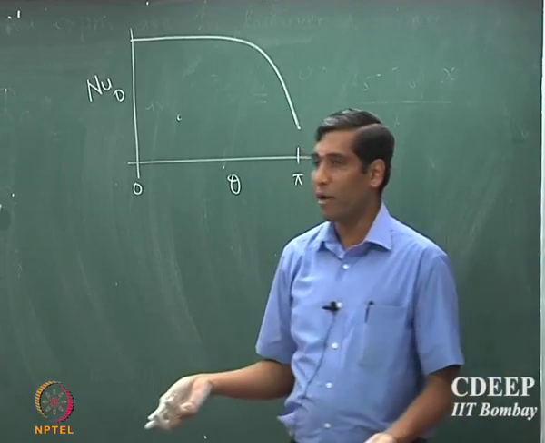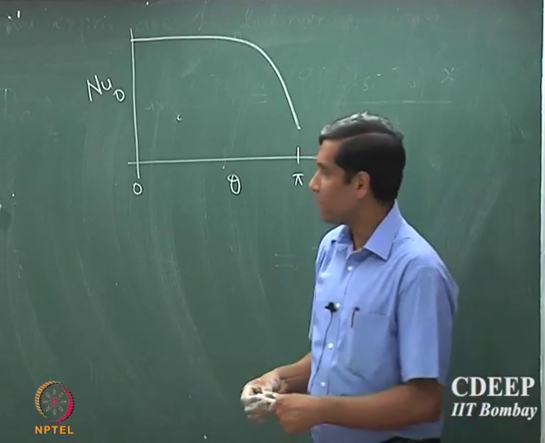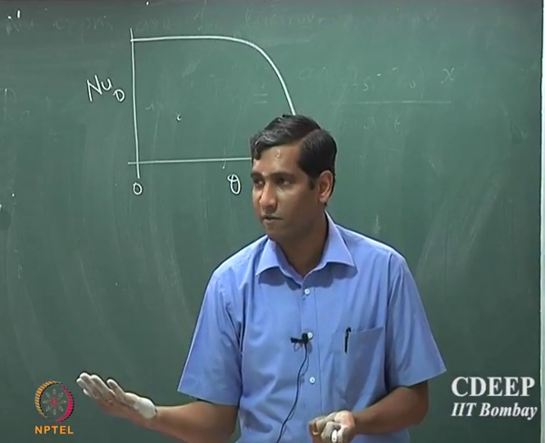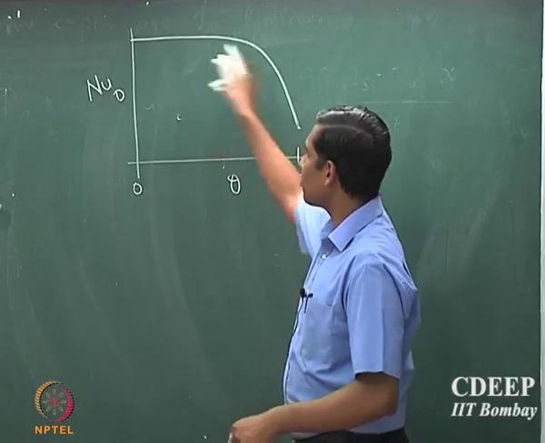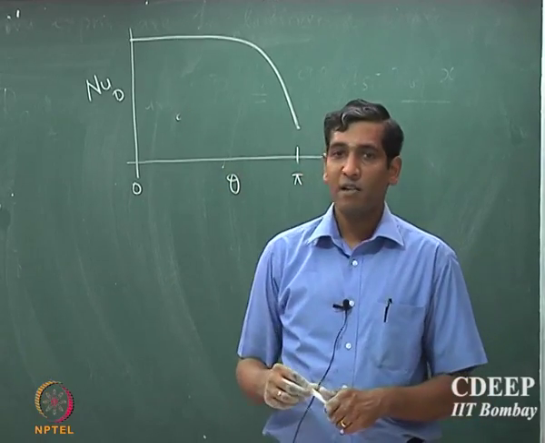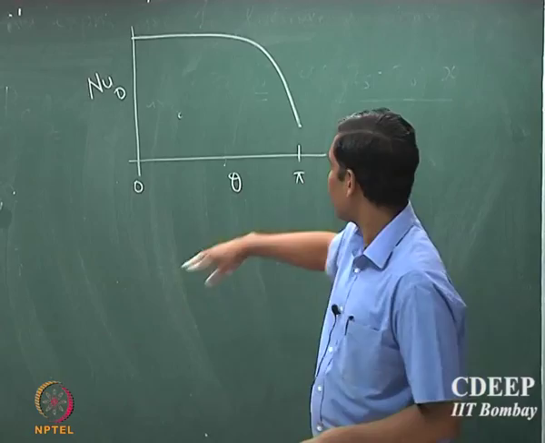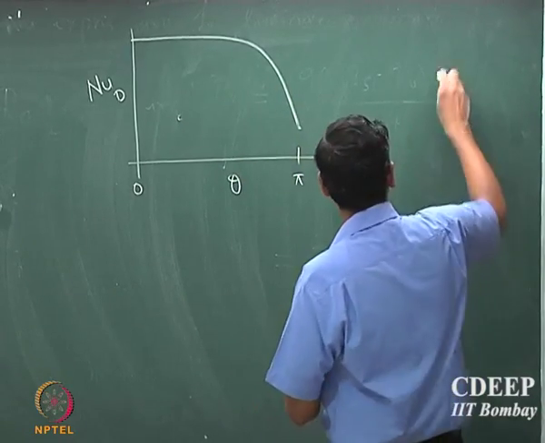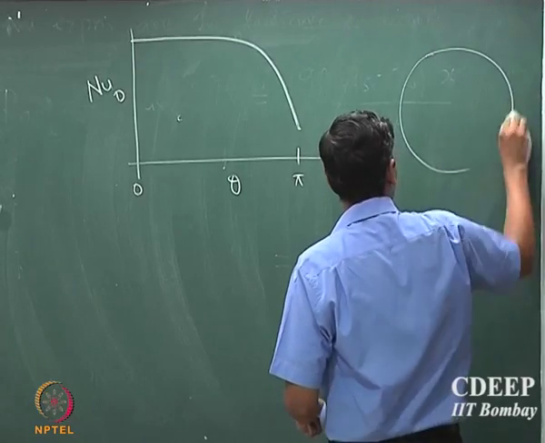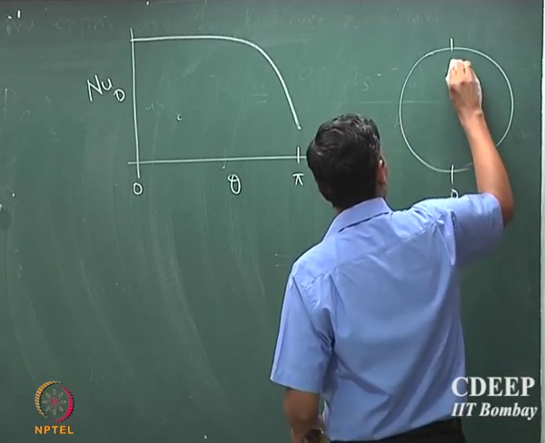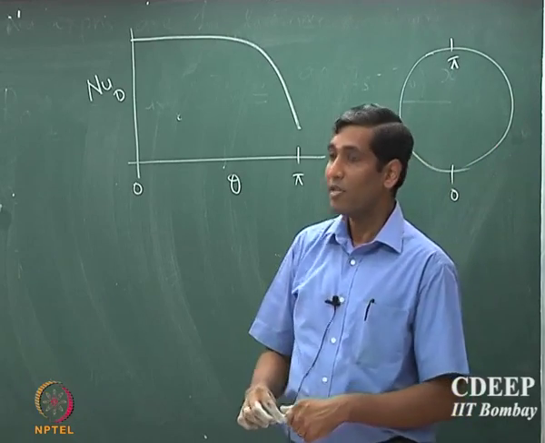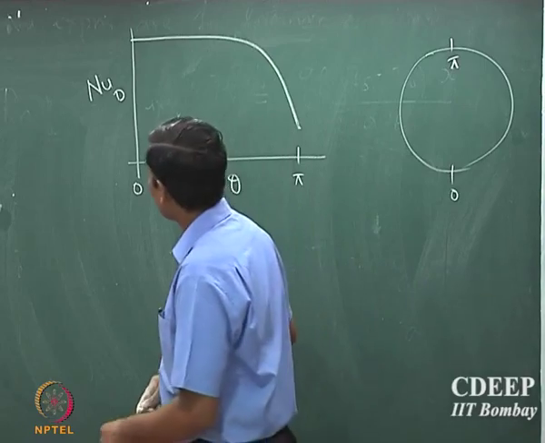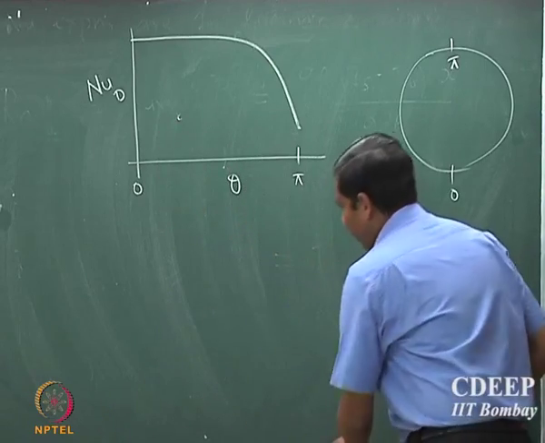There is going to be a separation point, right? So, when this fluid is flowing around, the fluid is no more in contact with the surface, and so you expect that the Nusselt number that you would calculate using these correlations would fall as you go close to the other end of the cylinder. Remember that theta 0 to pi goes from 0 to pi here. Okay. So, that is the kind of profile for the Nusselt number that you would expect.